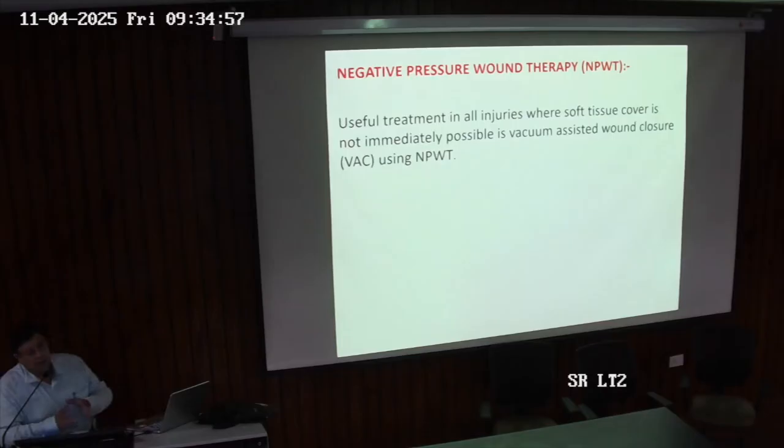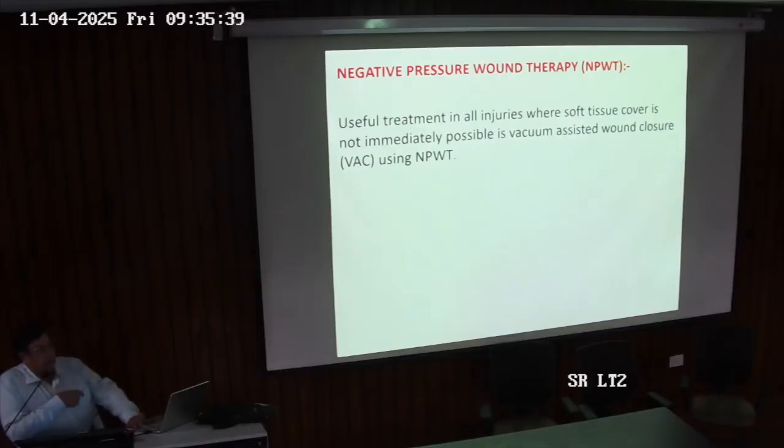Then we have newer modalities like VAC therapy, which is negative pressure wound therapy. As we have discussed, the collection of body fluids inside any body cavity leads to infection. So negative pressure dressing evacuates all the body fluids lying inside the wound, and it may obliterate the dead space.